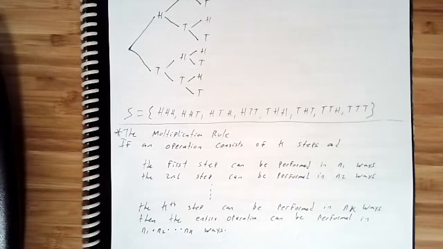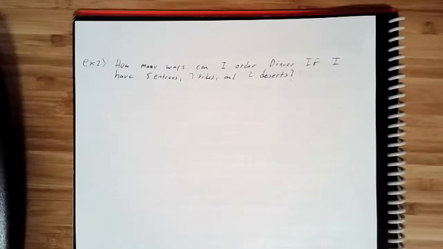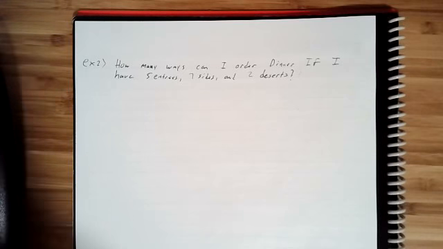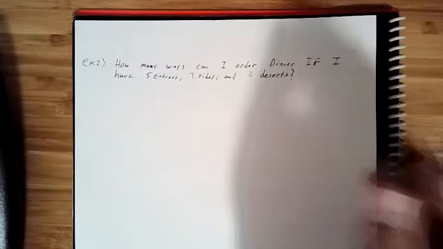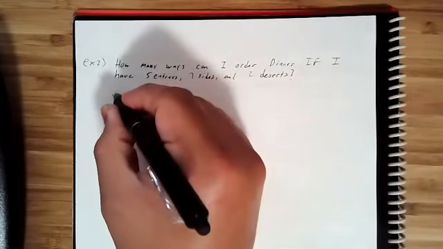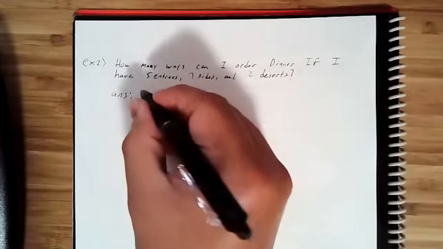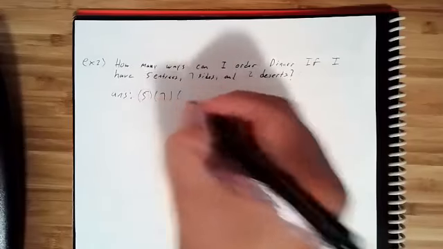Let's find an example. Here's a good example for the multiplication rule. How many ways can I order dinner if I have 5 entrees, 7 sides, and 2 desserts? Let's assume that we're going to only pick one from each menu item, so 1 entree, 1 side, 1 dessert. Since you know how many entrees, sides, and desserts there are, the answer would be 5 times 7 times 2.